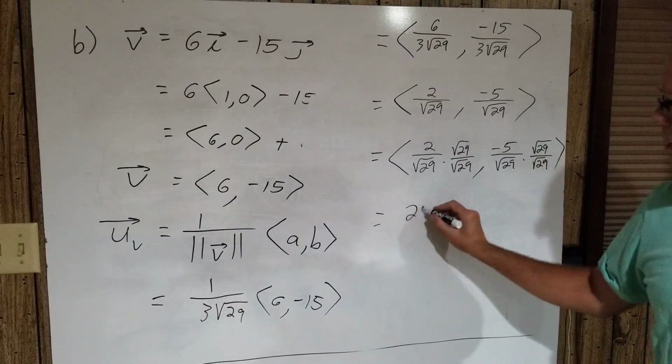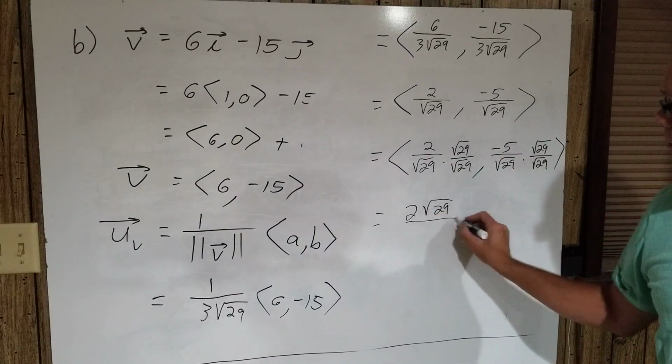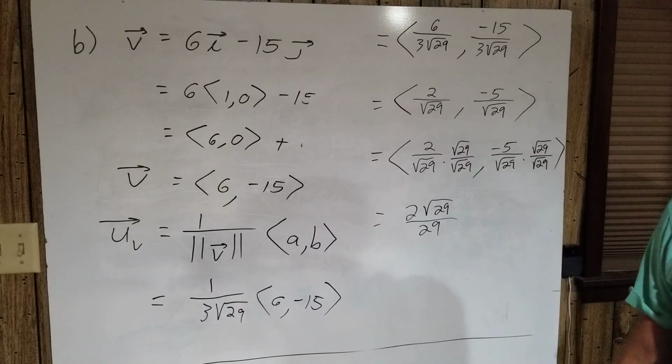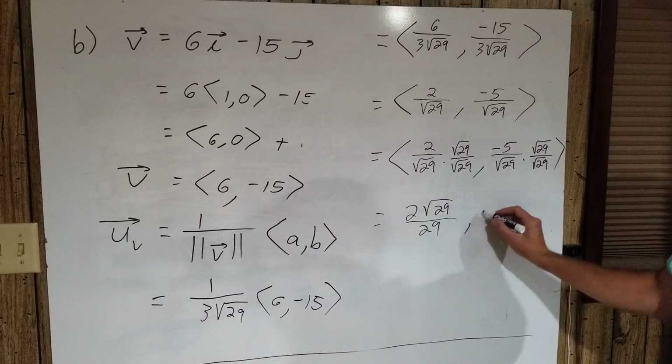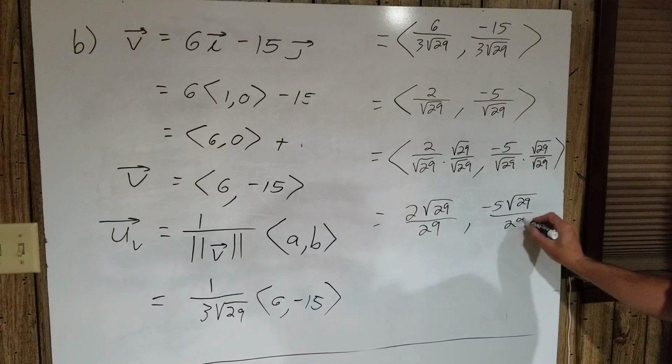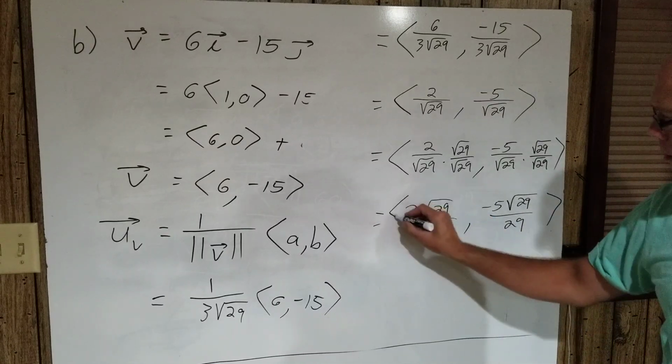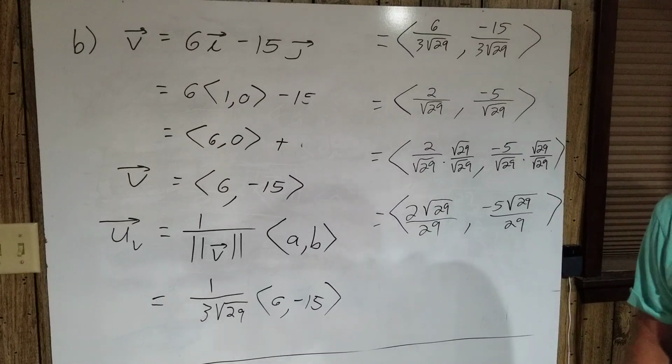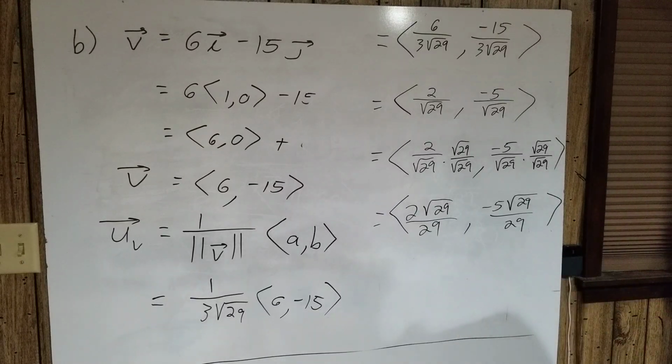So what does that give me? 2 square roots of 29 over 29. Over here I get negative 5 square roots of 29 over 29. Let me put these symbols right here for showing that it is a vector.